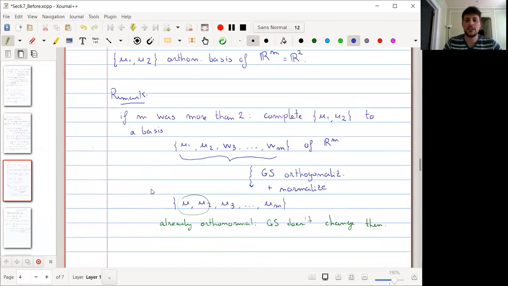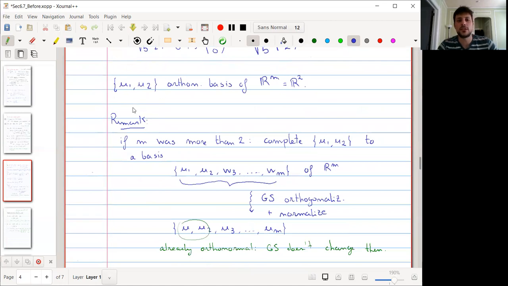In this particular case, as I hinted at before, we don't have to complete this basis u1, u2 to a basis of Rm, simply because we already have enough vectors here. But if m was bigger than 2, then you would complete the basis u1, u2 with other vectors, which can just be random linearly independent vectors for now, but then you can apply the Gram-Schmidt orthogonalization and you normalize them.